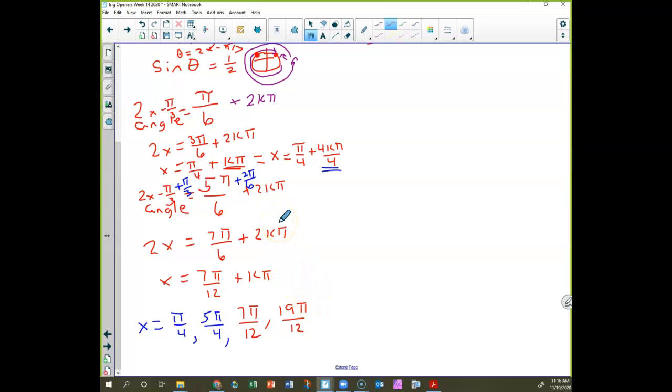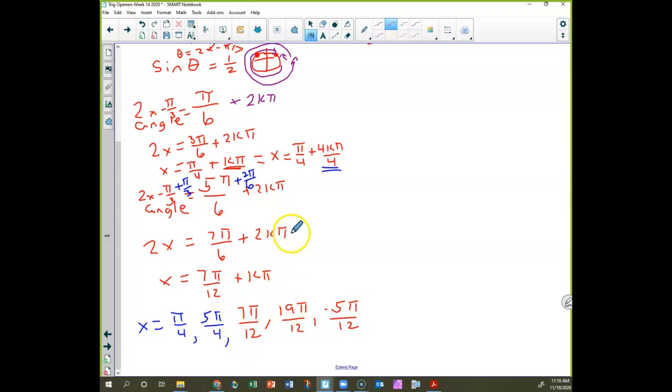Now, I don't have it in this problem, but let me give you a major warning. It is not uncommon for my students to forget that not only can we add the period, continuing to go counterclockwise or to the right on our graph, sometimes I actually might need to subtract the period. This is also a solution to this equation.